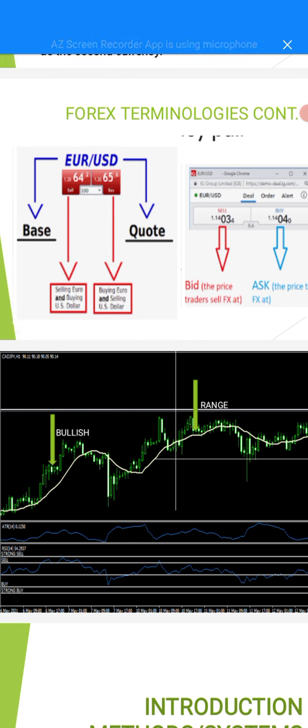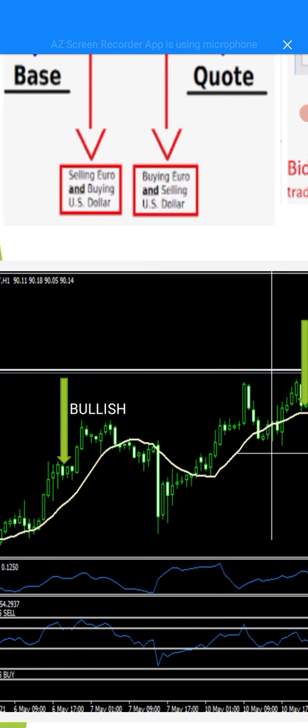Now, I've brought you to an example of a chart. You can see the representation shown here.